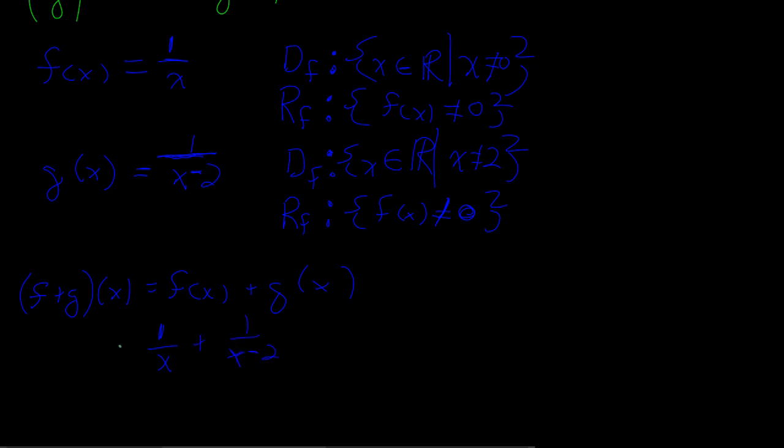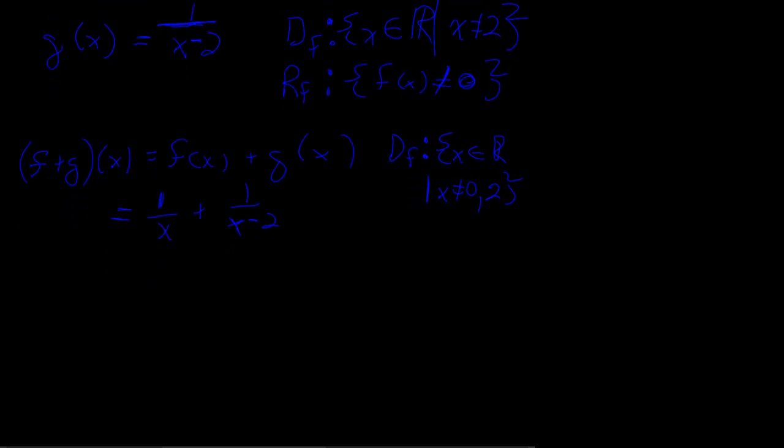But this new function that comes out of this will have a domain restriction where x is an element of all real numbers, except x can't equal 0 or 2. Because if it had any of those values, we would get a division by 0, which is not defined for us. So when we're doing our function algebra, our domain restrictions carry from all the functions we're doing the algebra with. And so this carries its domain restrictions over.